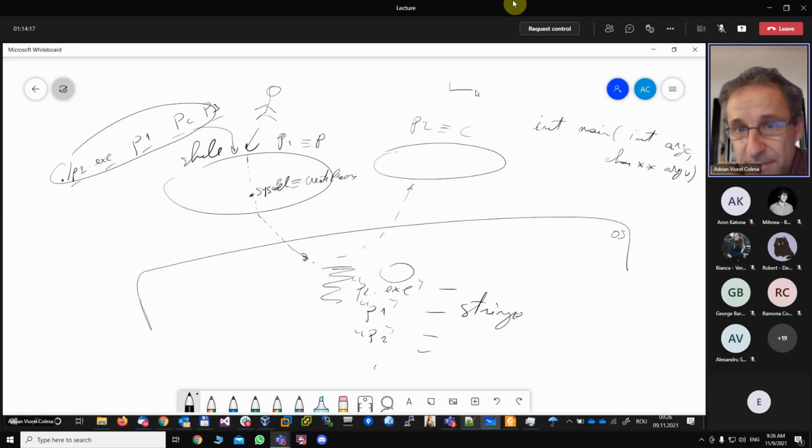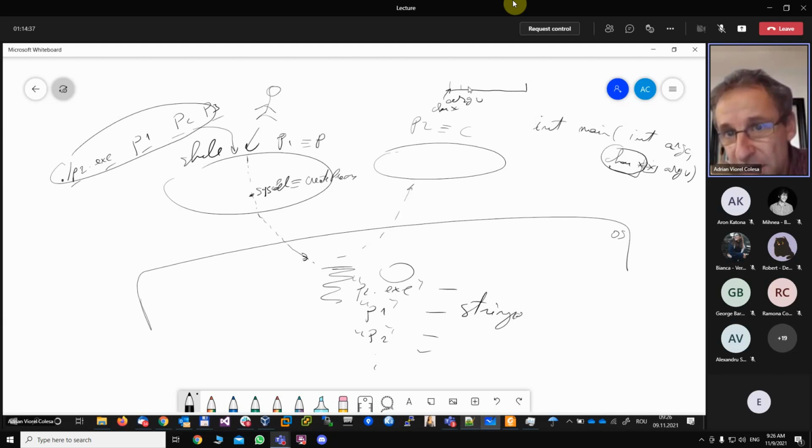The argument vector, argv, so that's a pointer, okay? Firstly it is a char pointer, argv, and the elements of this array are pointers in their turn.